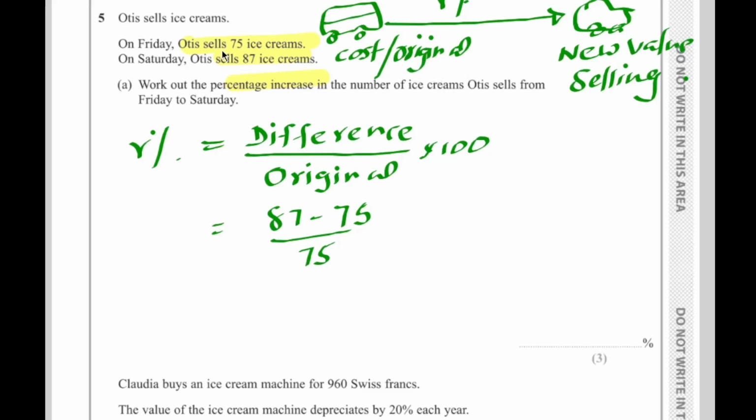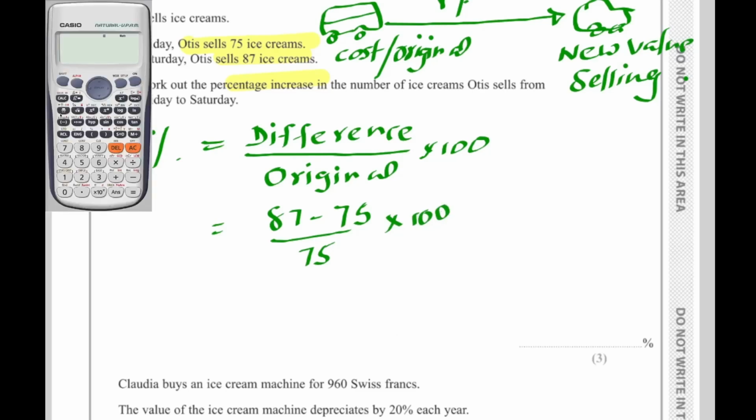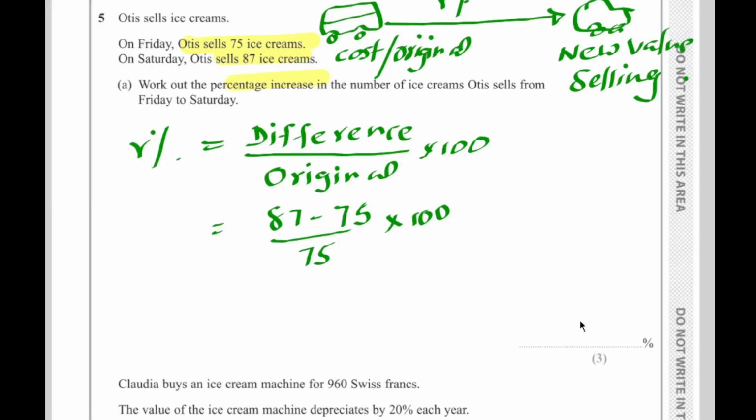So initially, he sold 75 and into 100. So use the calculator and get the answer. 87 minus 75 over 75 into 100 equals 16. So this one becomes 16%.